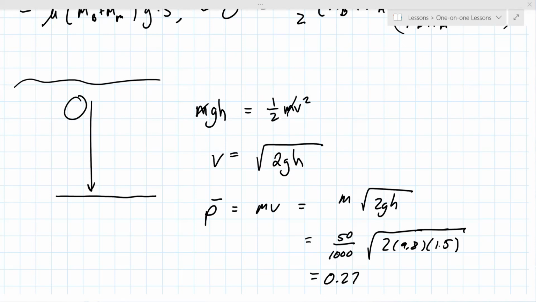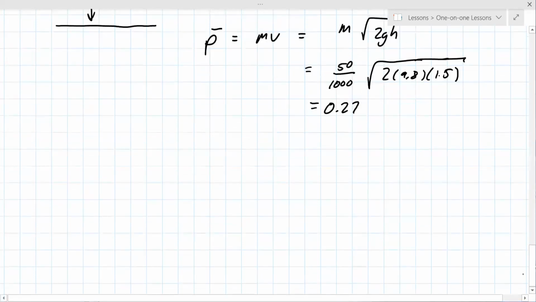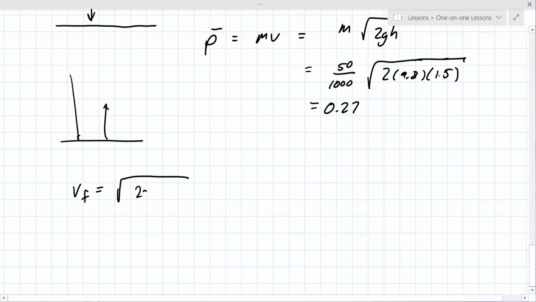Okay, so according to this, this one doesn't do it. Where does that number come from? 0.05. So they do this calculation where they find the final velocity of the ball, the height up above it, when it bounces back up, hits the ground, comes down, comes back up, 2gh again, which is the square root of 2 times 9.8 times 1, which is 4.43.